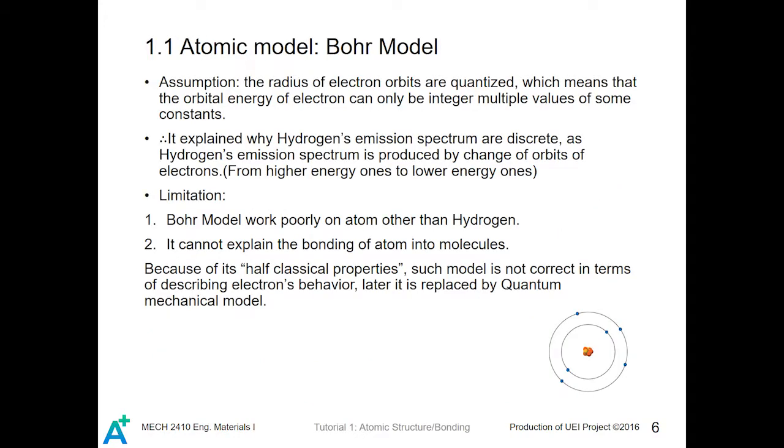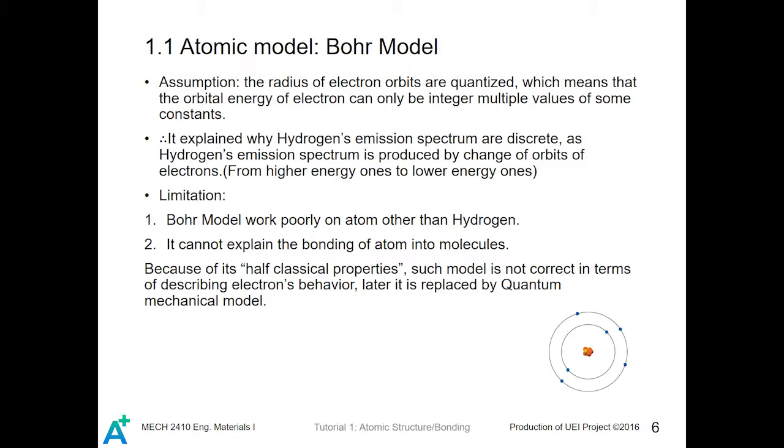Niels Bohr proposed an atomic model called the Bohr model, which has the following assumption. The radius of the electron orbits is quantized. Quantized means that the numerical value of such radius can only be an integer multiple of some fundamental constants.